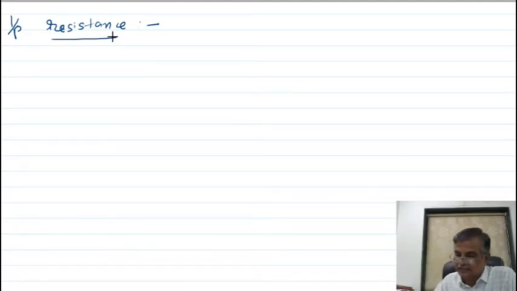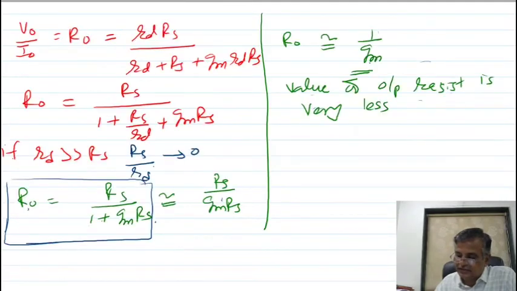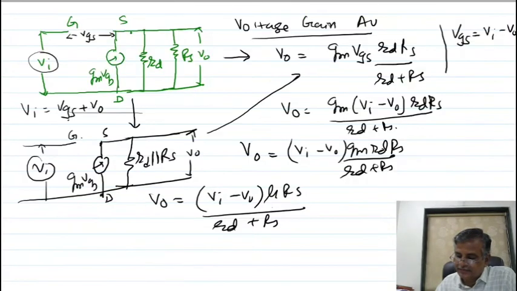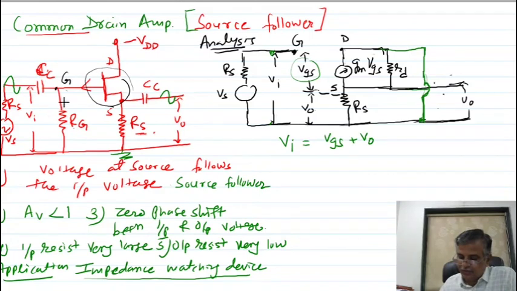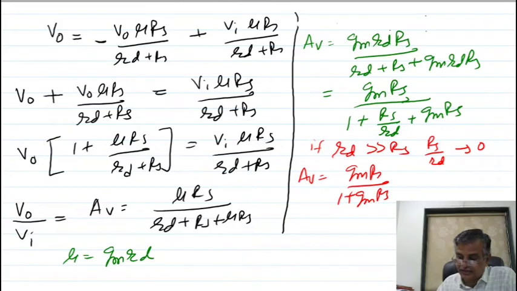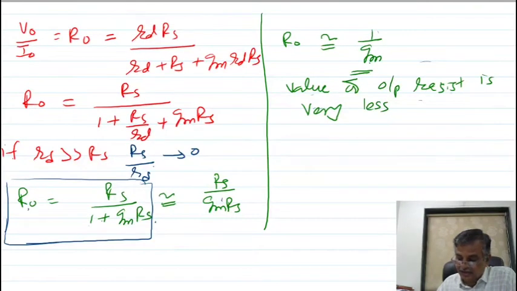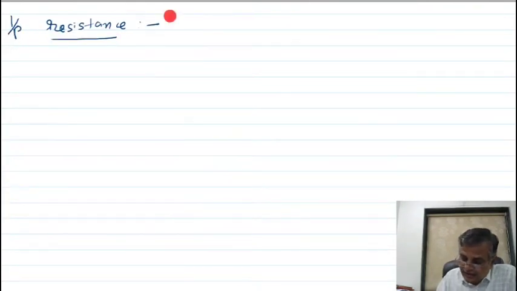So you can see in the circuit, the input resistance is this, between gate and what? Ground. So I can write the input resistance of the circuit is Ri. Ri is equal to Rg.